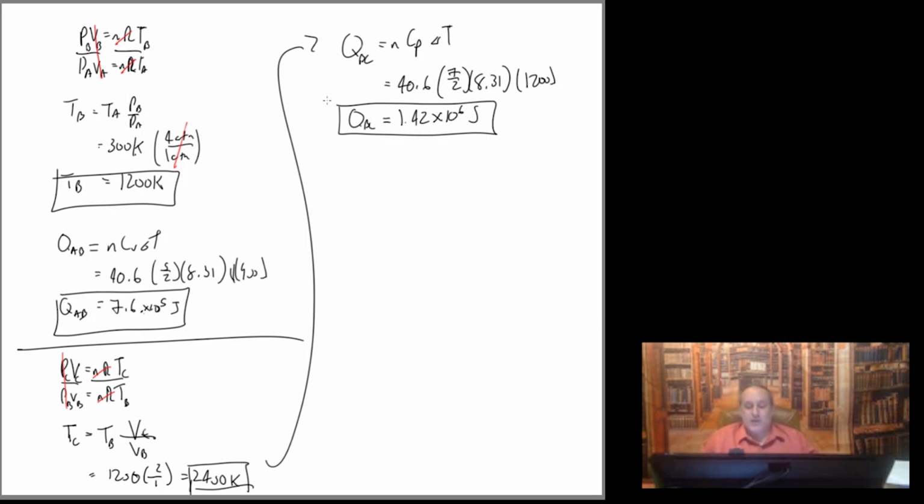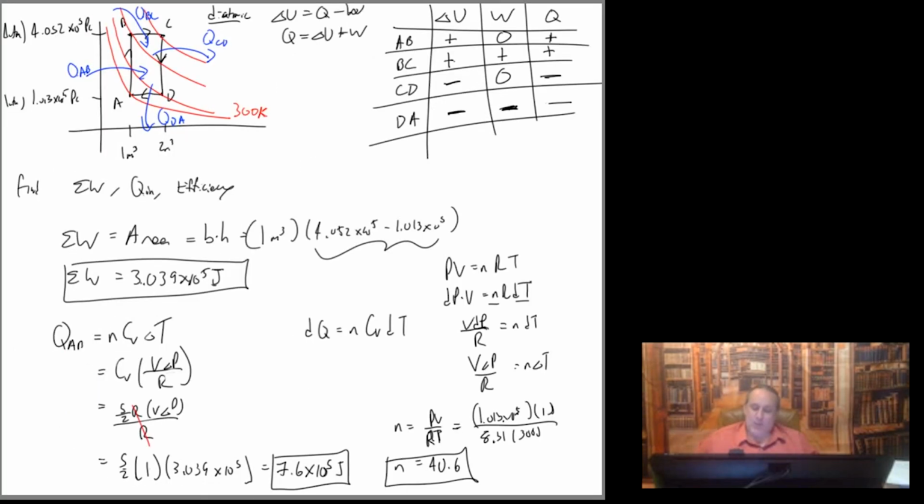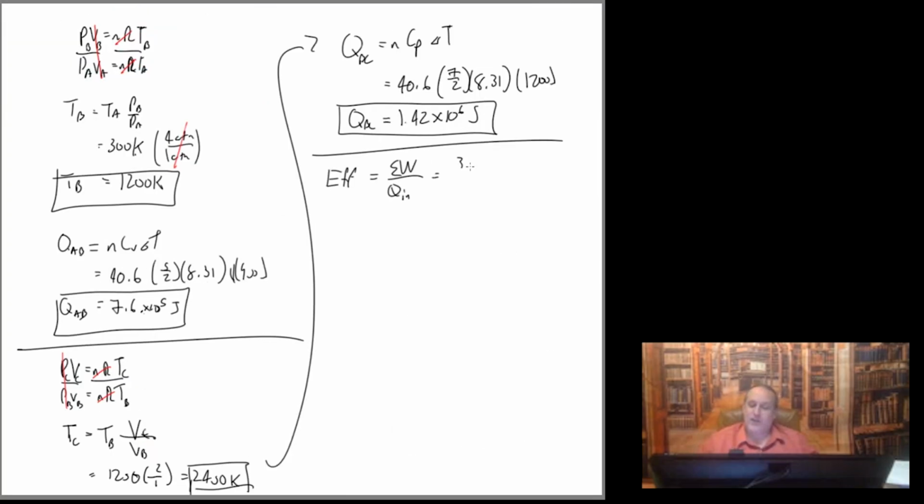Okay, so now we have both of the heats in, and we can find the efficiency. So the efficiency is the net work over the heat input. And my net work was 3.039 times 10 to the 5th.